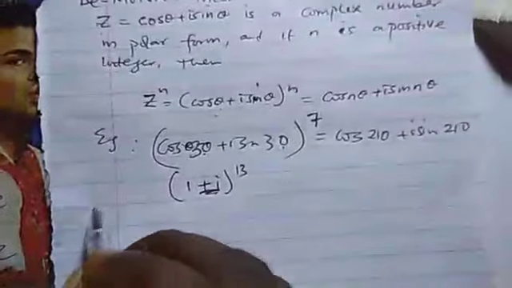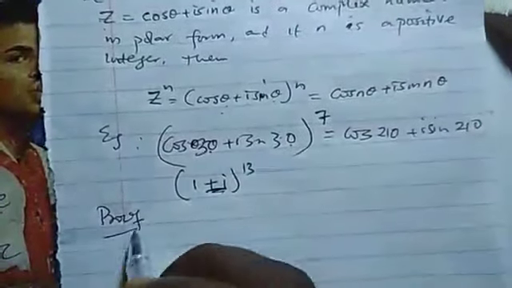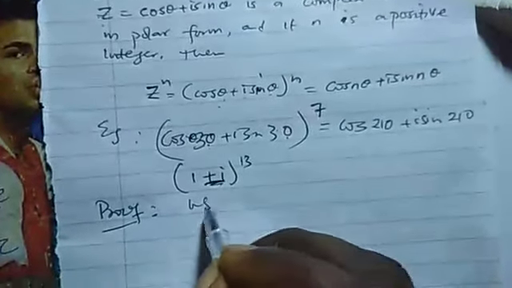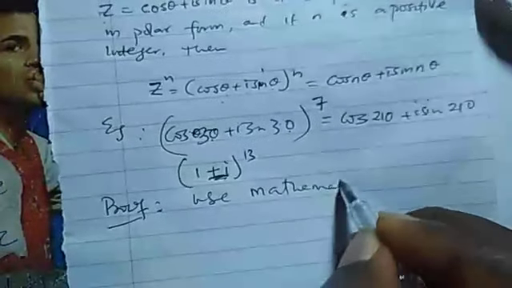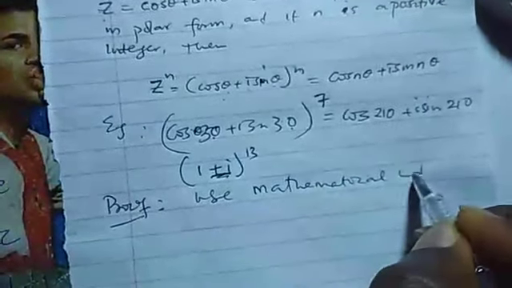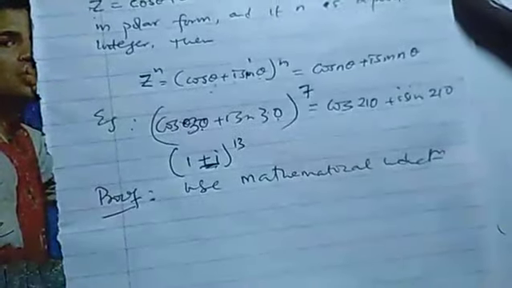And for the proof of the theorem, you use mathematical induction, which I have taught you, but you need to go and do that yourself. But anyhow, this is it.